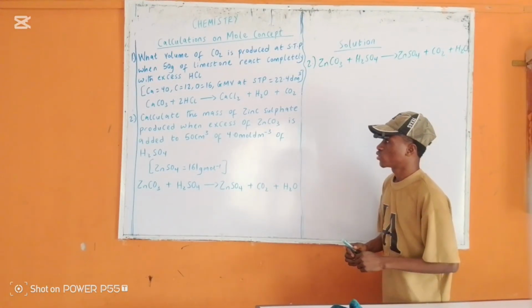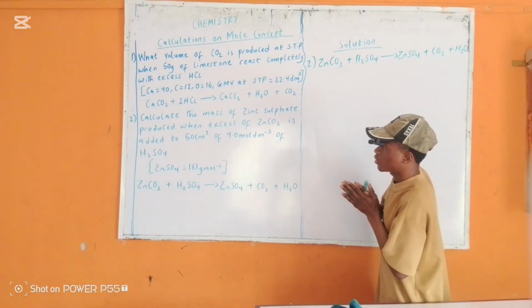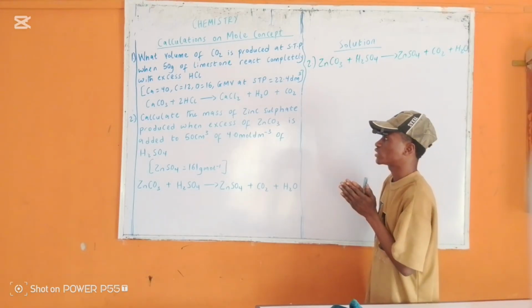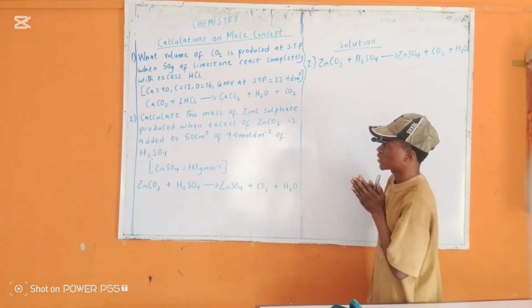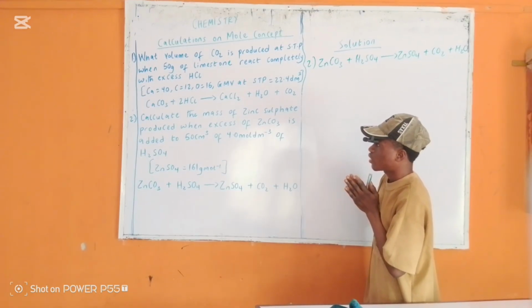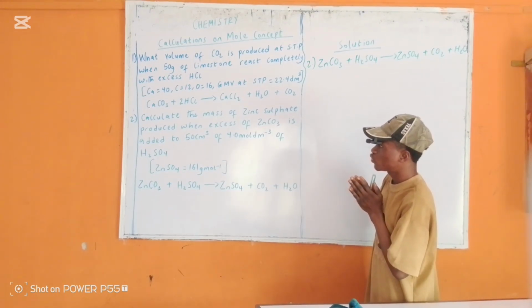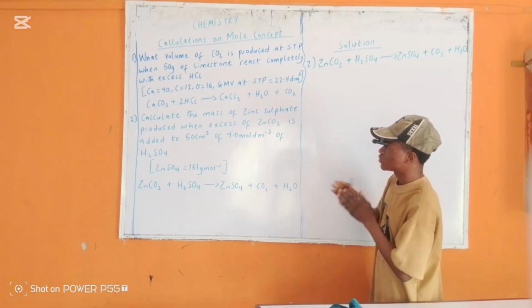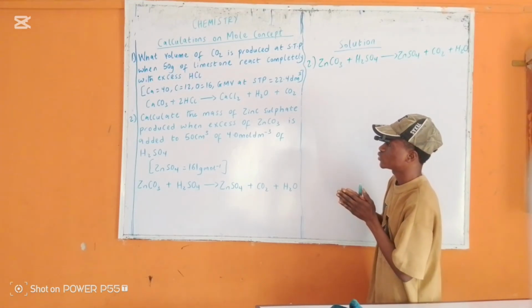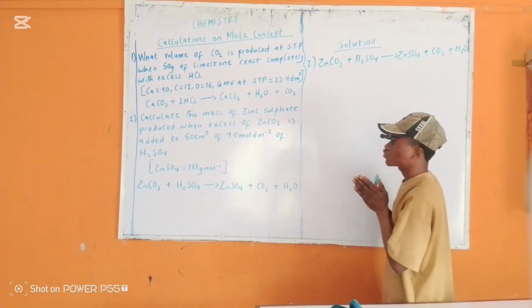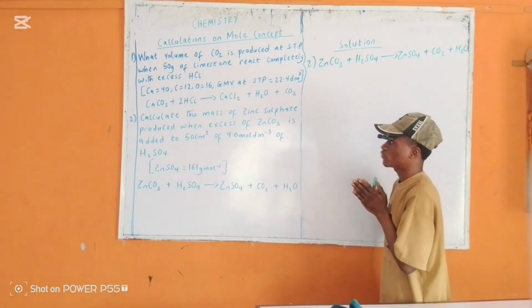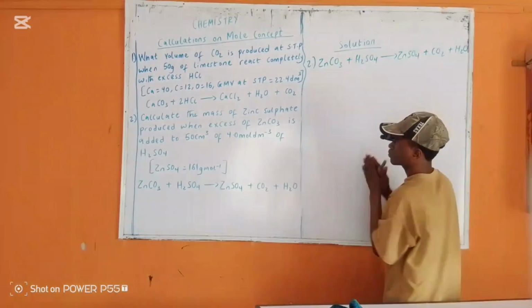Now, we're having the question here, which we have to calculate. How we will go about the question is by getting what we are going to make use of from the equation.